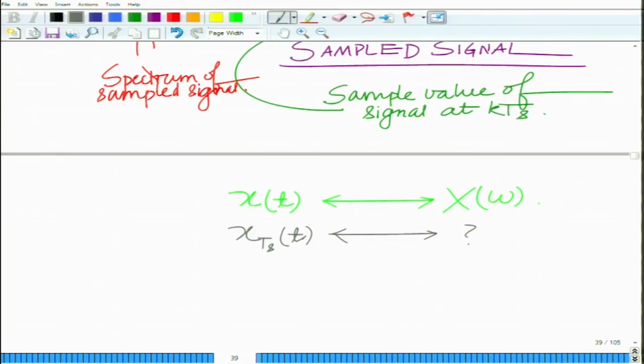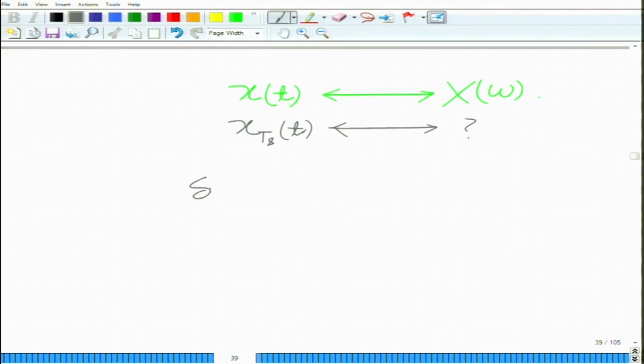To do that, first let us start with the spectrum of the impulse train. You know the impulse train equals summation k equals minus infinity to infinity of unit impulse functions at each integer multiple of T s.